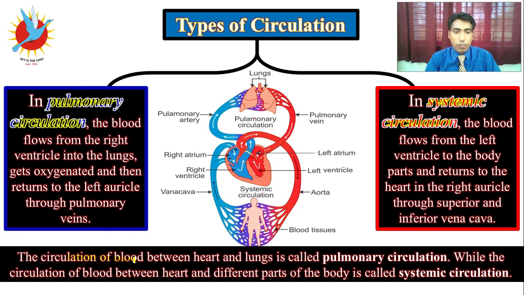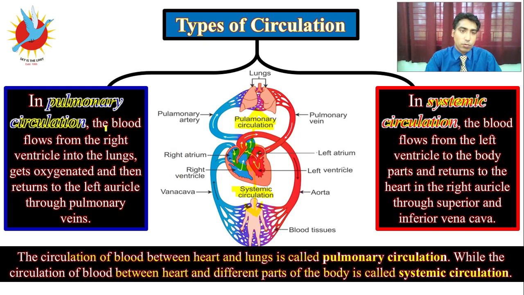The circulation of blood between the heart and the lungs is called pulmonary circulation, while the circulation of blood between the heart and different body parts is called systemic circulation. So double circulation is subdivided into two phases, pulmonary circulation and systemic circulation.